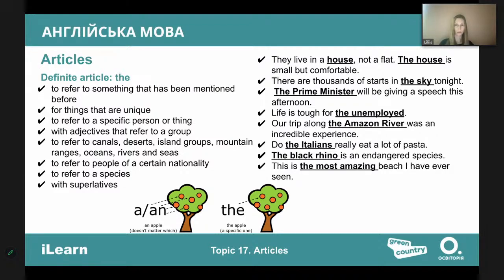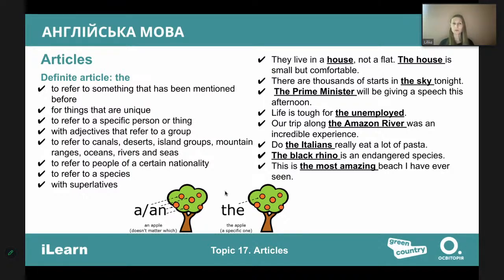Дай мені яблуко. Any apple would work for me. But if I say, give me the apple, I mean one and only one specific object. So, not any apple, that one, that specific one, give me the apple.